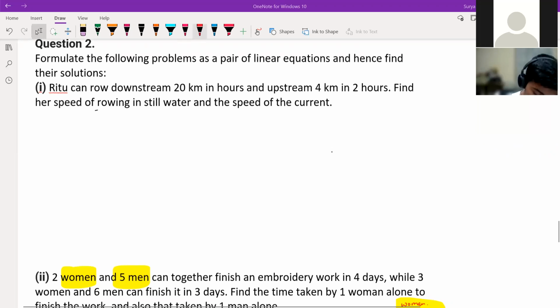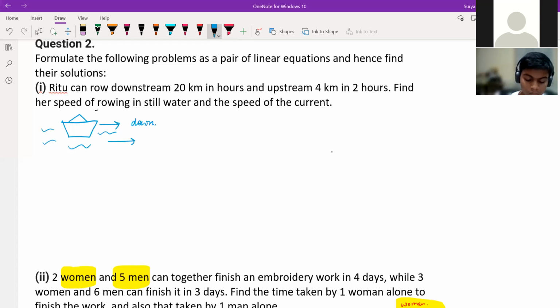Now see here, Rutu can row downstream 20 kilometers. Downstream means you are going along with water, okay? If water is going in this direction and the boat is also going in the same direction, this is known as what?